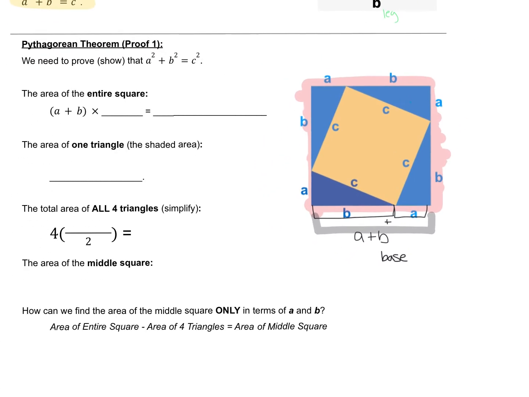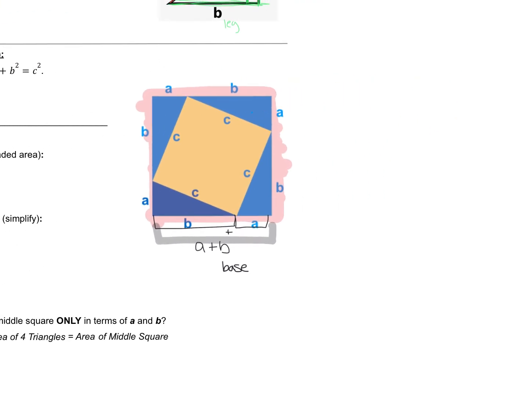And then I'm going to look at my height. Well, again, looking at that whole section of my height, it has an a section and it has a b section. I want to combine them to get a big section, so I'm going to add. So my height is again going to be a plus b.